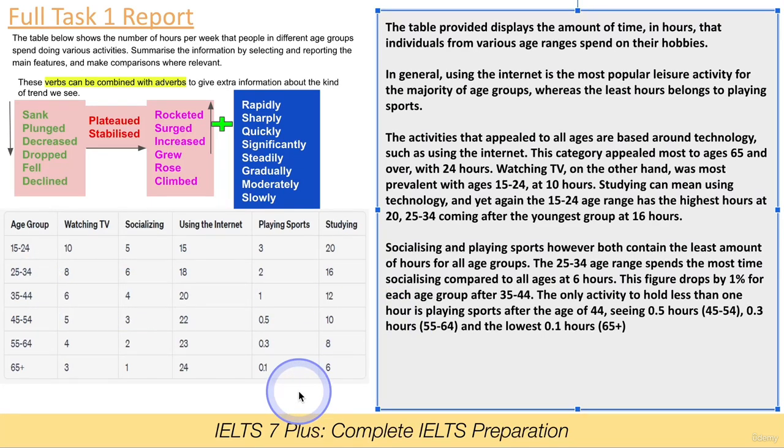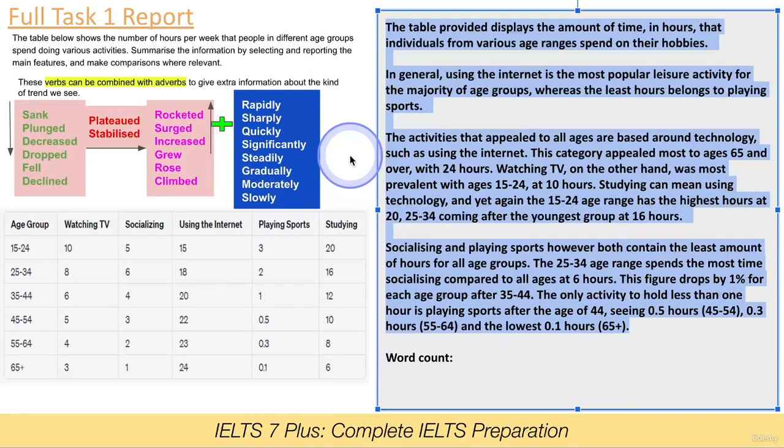The only activity to hold less than 1 hour is playing sports after the age of 44, seeing 0.5 hours, brackets, 45 to 54, 0.3 hours, 55 to 64, and the lowest 0.1 hours, 65 plus. We won't forget the full stop there. Okay, I think that's a good attempt at this question. Let's see how many words there are.